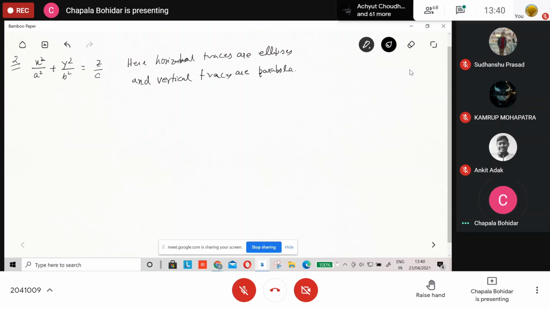Three. x square by a square minus y square by b square is equal to z by c.